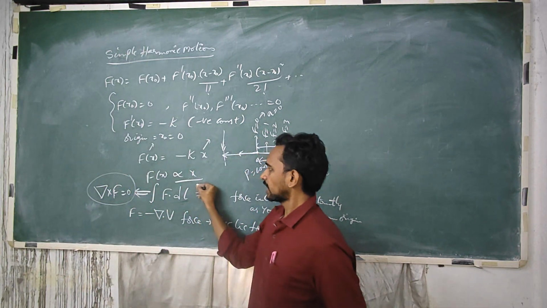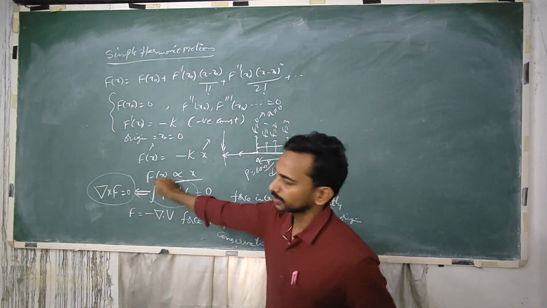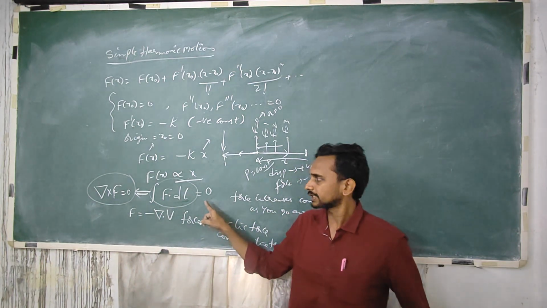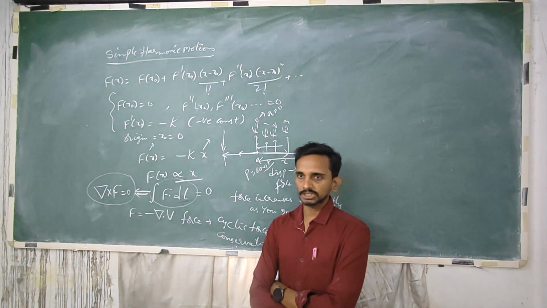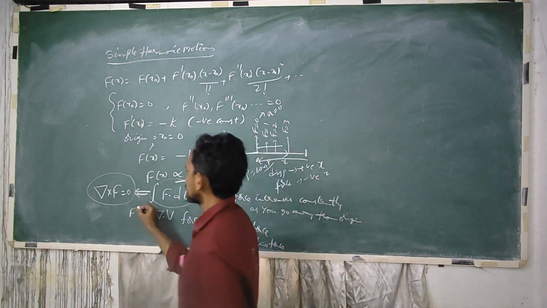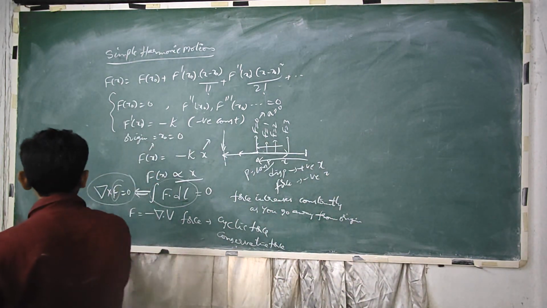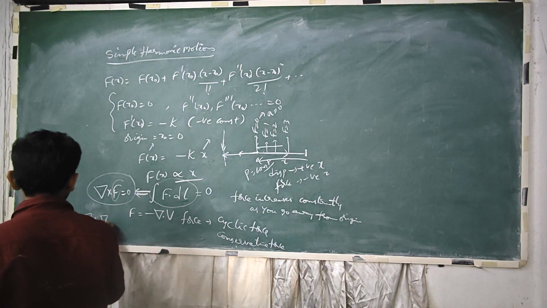So the value of the function over a complete loop being 0 can be written mathematically as del cross f is equal to 0. So del cross f is 0, which means we can write f as del cross del dot of something.